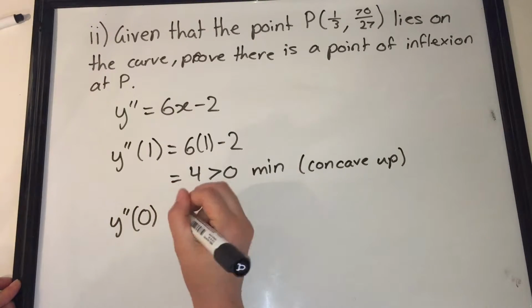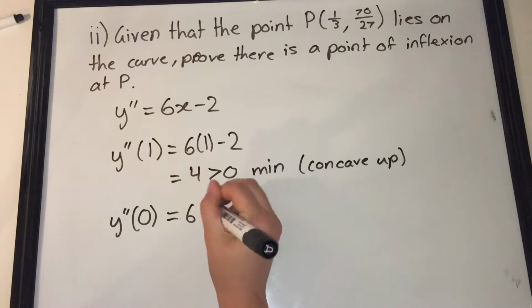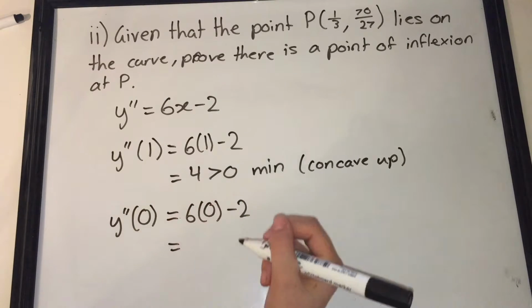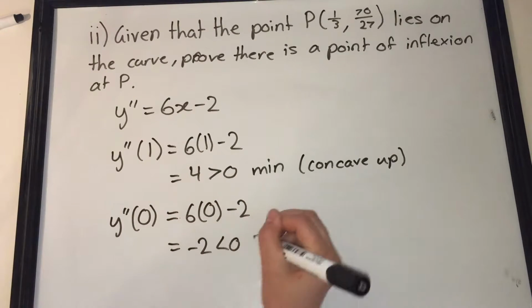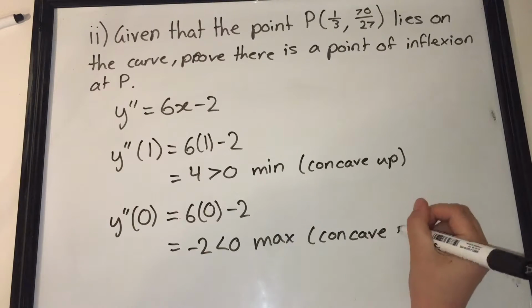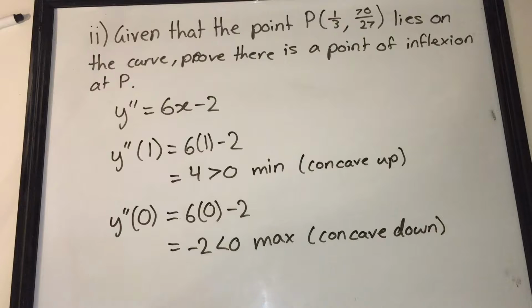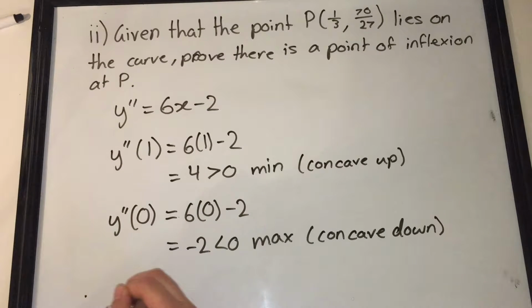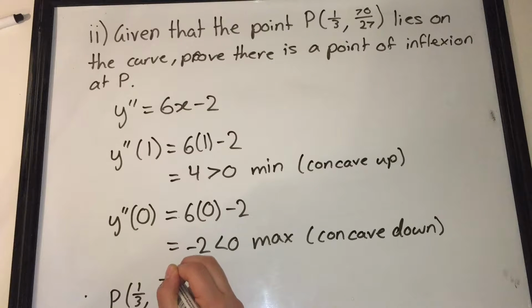For the second one, I'm using 0, which means it's going to be equal to negative 2, which is less than 0, which means this one's a maximum point and concave down. This means that the concavity changes either side of the point, which means it's actually a point of inflection.